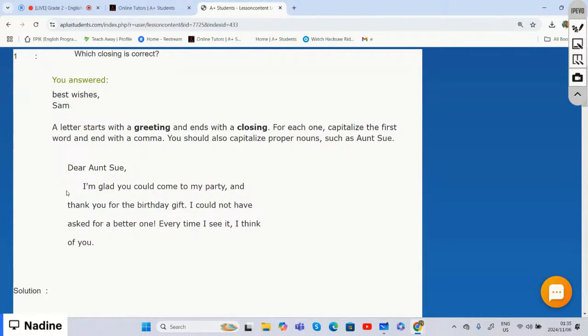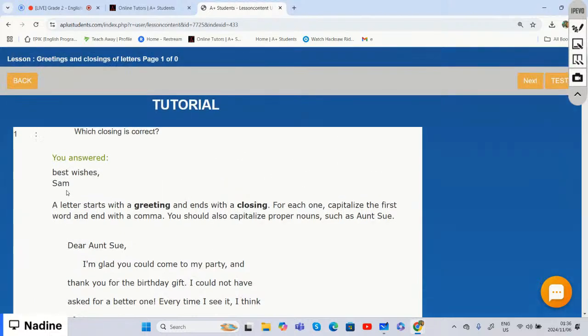So when it comes to closing and opening or greeting of letters, when we write letters, we start with a greeting and we end with our closing.